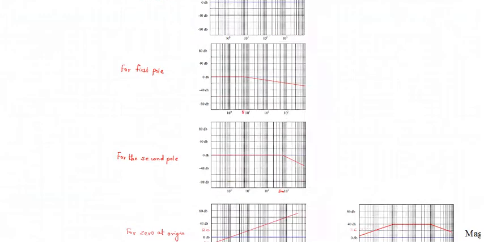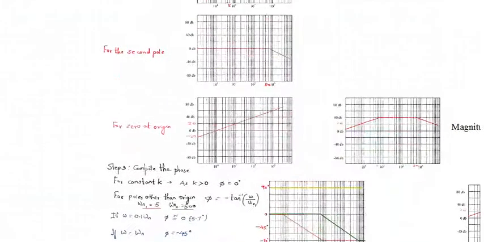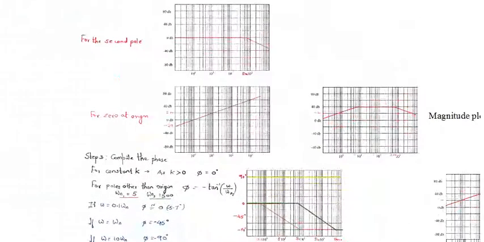Now we'll study the characteristic of the transfer function with 0 at origin. If you look at it previously, the system starts from minus 20 and then goes towards plus 20 and higher as we increase the frequency.